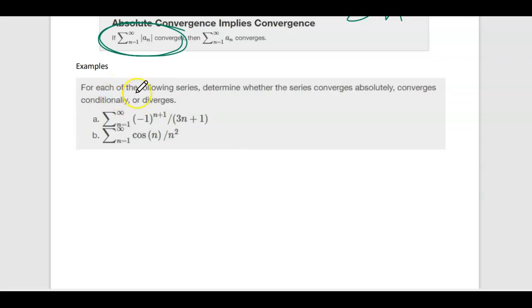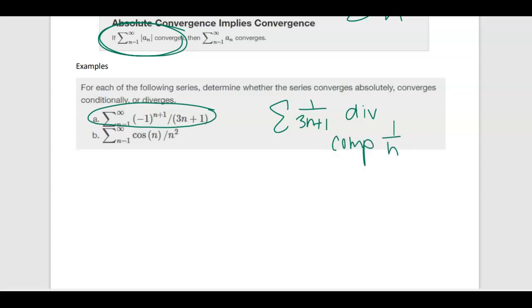Let's look at our examples here. So I can look at this right here. The series 1 over 3n plus 1 would diverge. The reason is you could use comparison to 1 over n. n is always less than 3n plus 1.